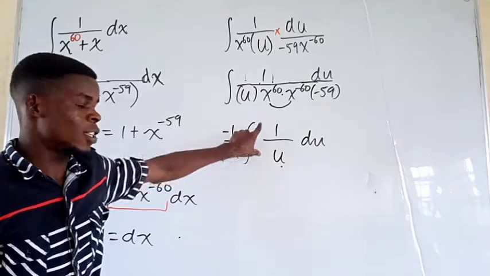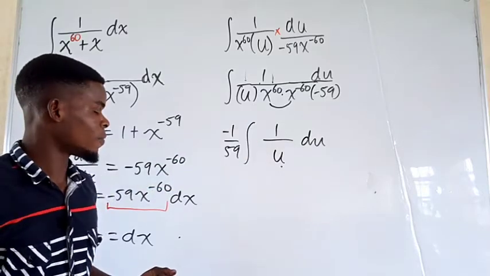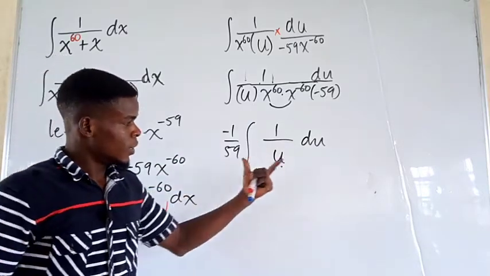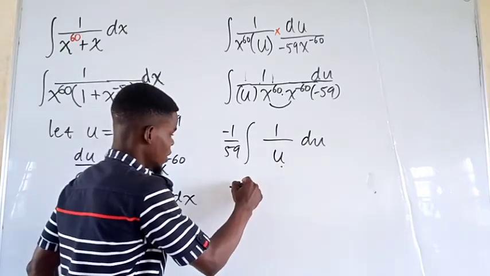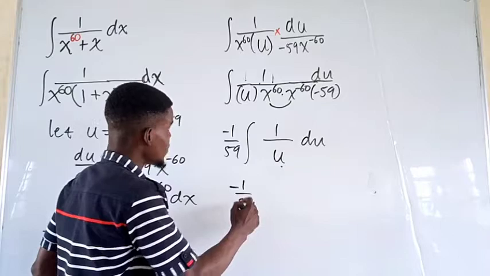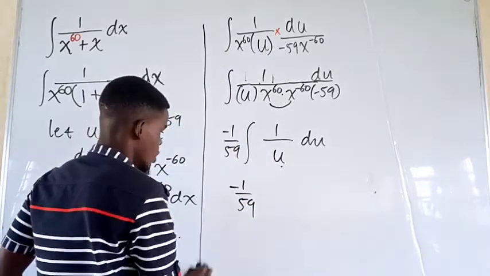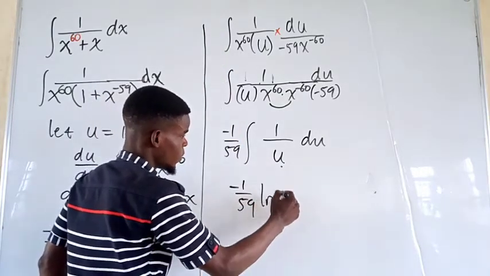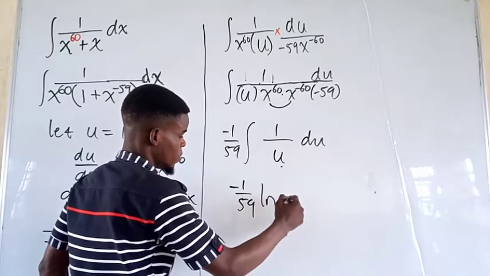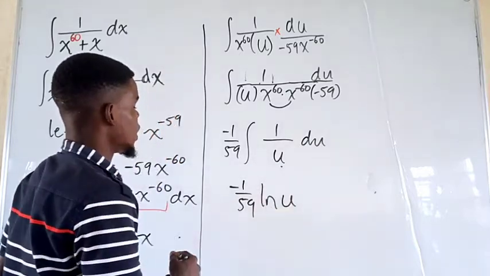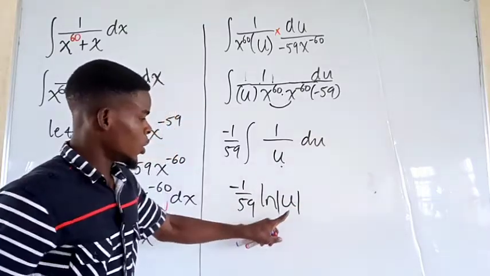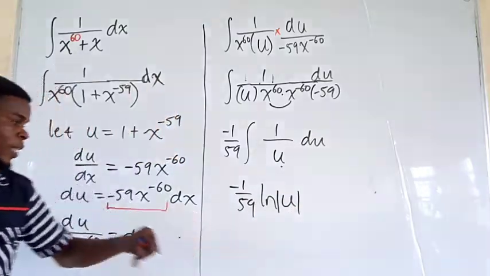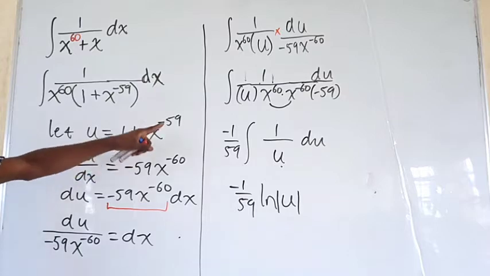So to integrate this, well, we are just going to have the natural logarithm of u, alright? This is going to be negative 1 over 59 times the natural logarithm of u. Okay, well, we better use up for that. u was 1 plus x to the power negative 59.